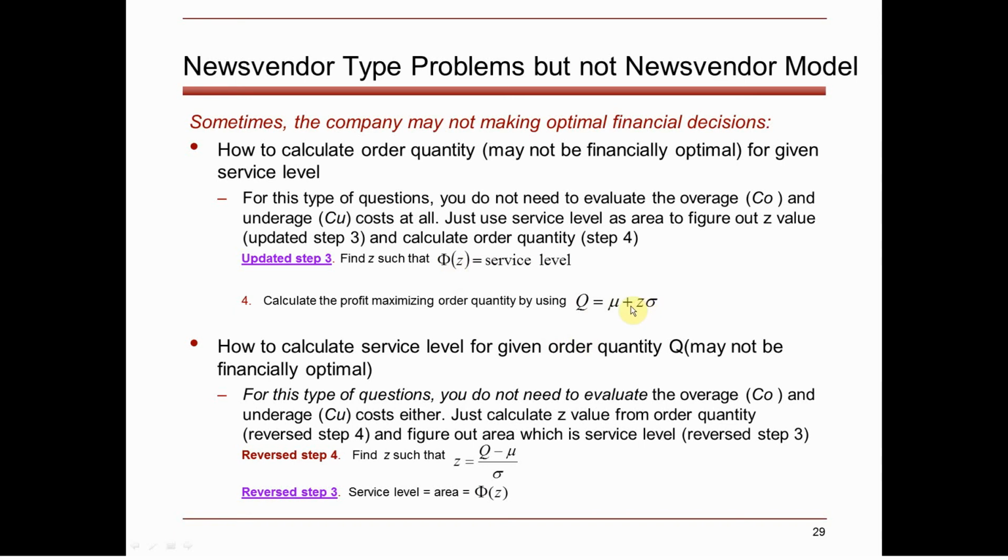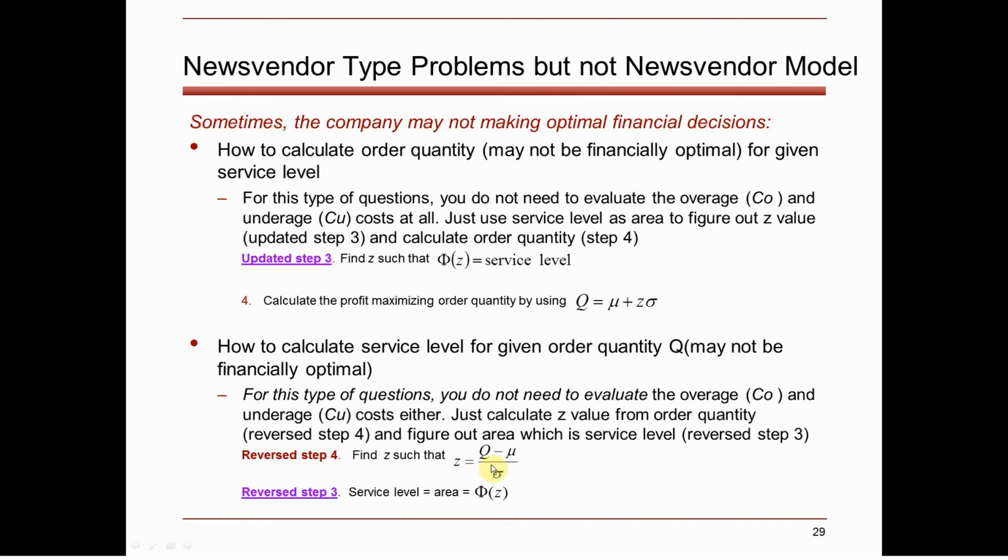That's pretty easy. Sometimes we want to know what service level we'd be able to provide if we had this many units. In this case, just like over here, we don't need to evaluate overage and underage. All we have to do is calculate the z-value.